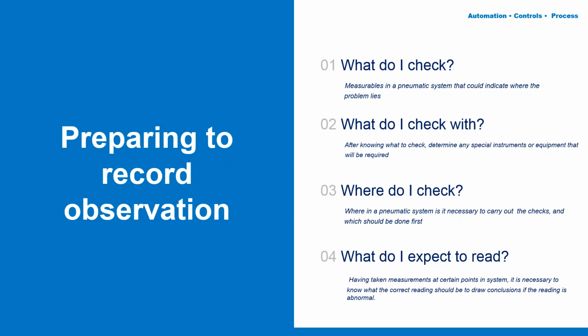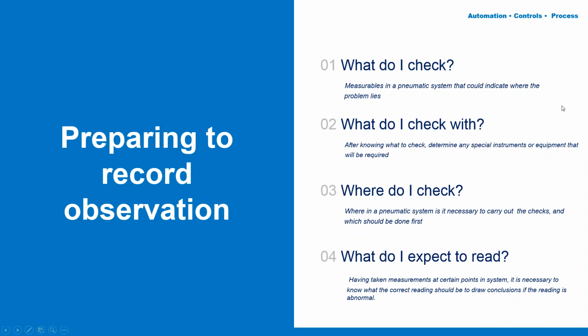Now, obviously, we tend to take some shortcuts in that, but what I'm going to outline here is a more methodical process and one that's surefire, right? So that when you have taken some shortcuts and the machine still won't run, you can go back and go back again. So some of the things to be aware of: first of all, what do we check? What are the measurables that could help us identify the problem?